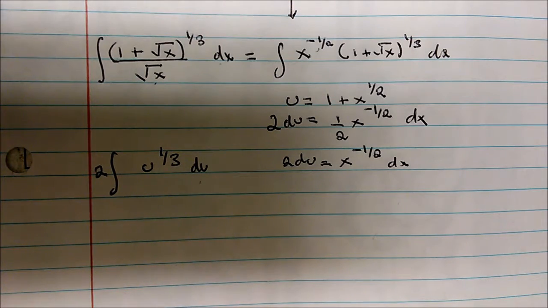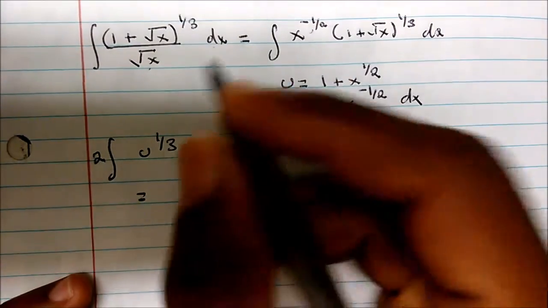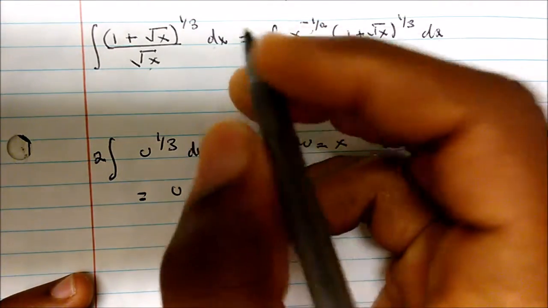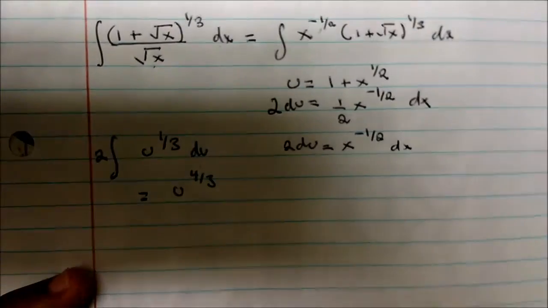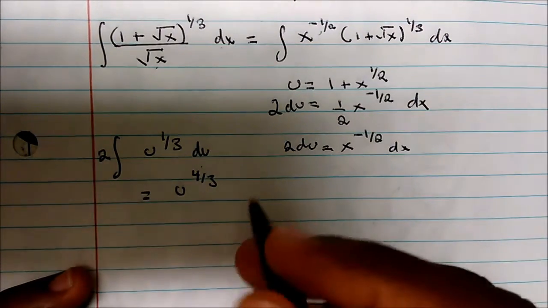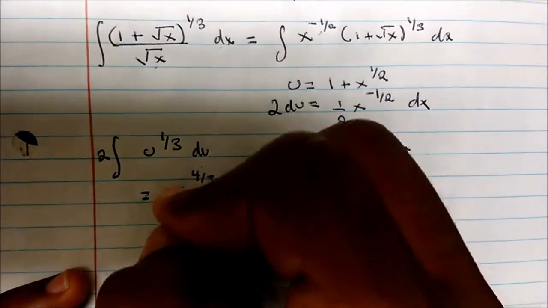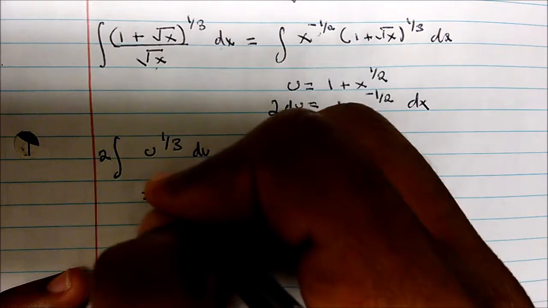Now this becomes a simple integration problem. So we're going to add 1, so this now becomes u to the 4/3. And because I don't want to have complex fractions, I'm just going to multiply by the reciprocal. So this now becomes 3/4. But remember, we have a 2 here, so that's also going to be multiplied.